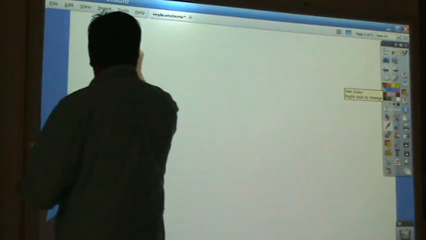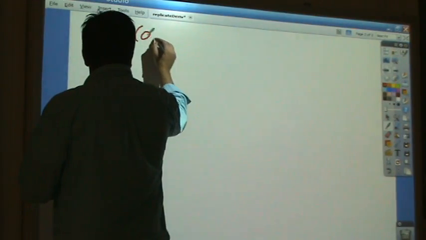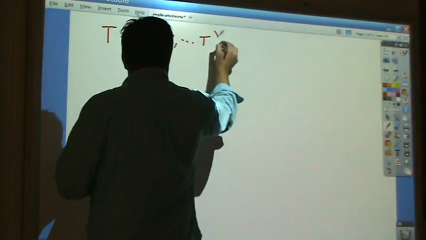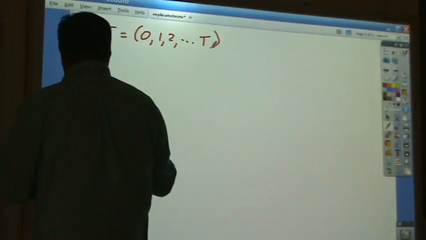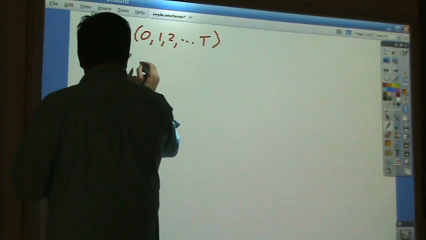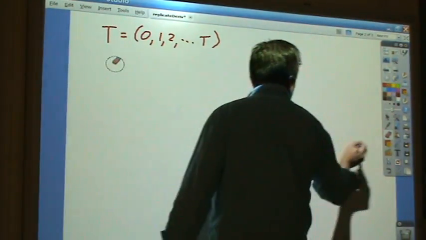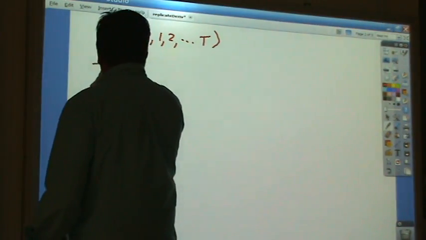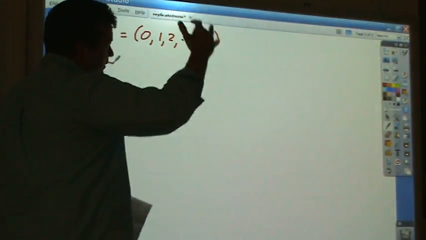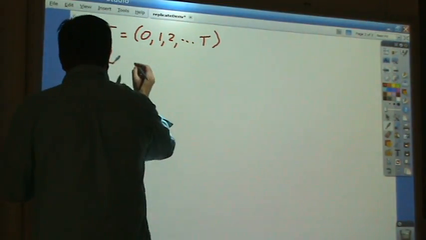Our model has time, which is 0, 1, 2, discrete intervals of time up to t. And we have states, we'll call omega. We'll have states that the market can go to. Like the stock market, it goes up or down, up at a certain value, down at a certain value.